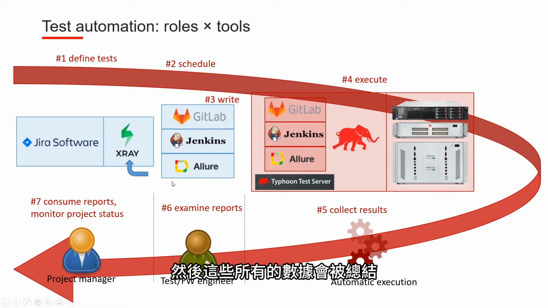All this data can be then summarized automatically and populate the project management tool, so the project manager can be up to date and always see what's the progress of the project.